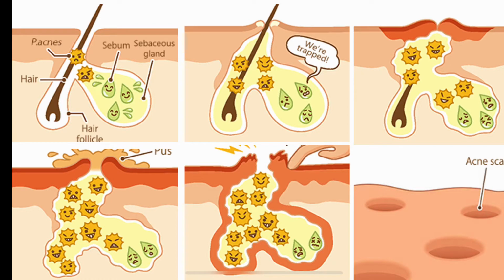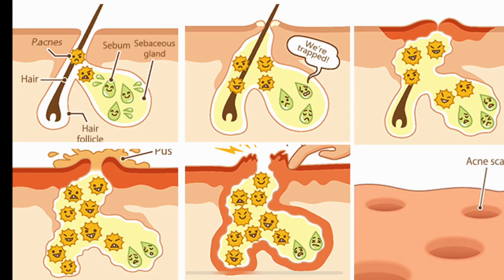The third picture shows when sebum builds up. P. acnes, which live on fatty acids in the sebum, begin to increase. P. acnes produces a variety of substances that cause inflammation, resulting in reddish inflammation as papules.